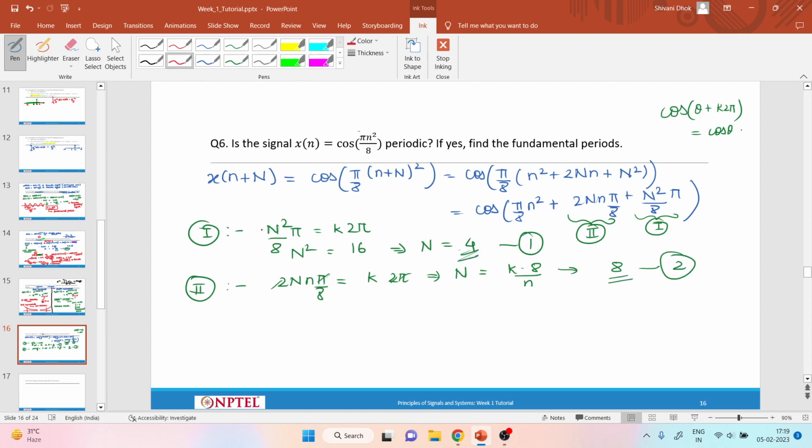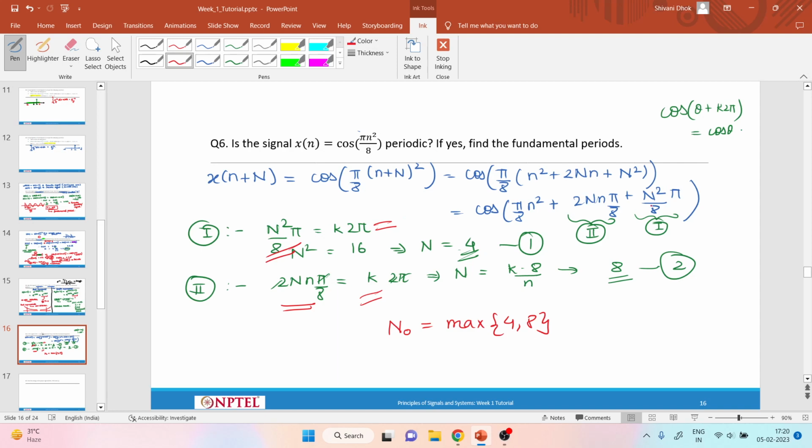Now, both of these factors should satisfy the equation simultaneously, and for that this period N naught should be whichever is the maximum of 4 and 8. If I consider N equal to 8, it is already an integer multiple of 4, therefore the first term will be an integer multiple of 2 pi.